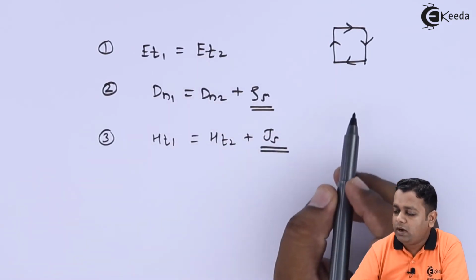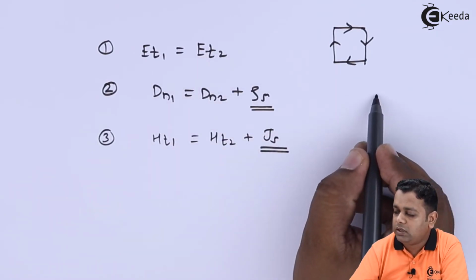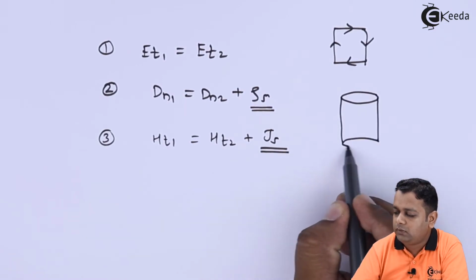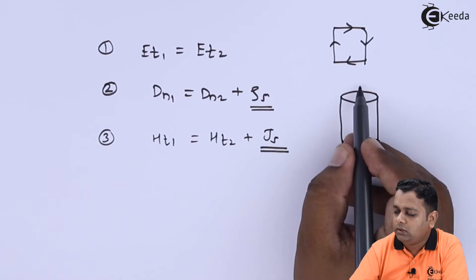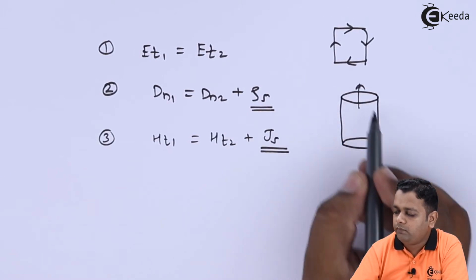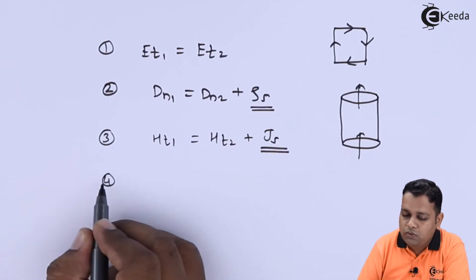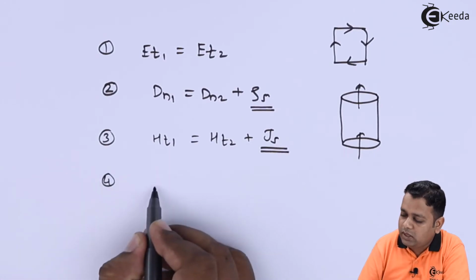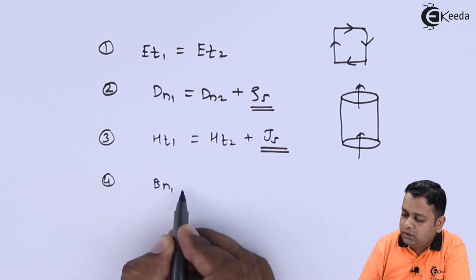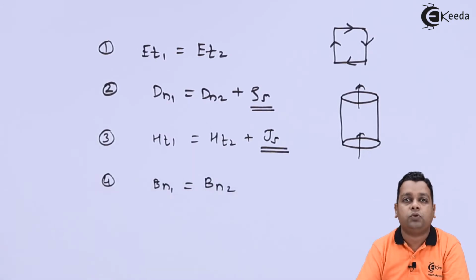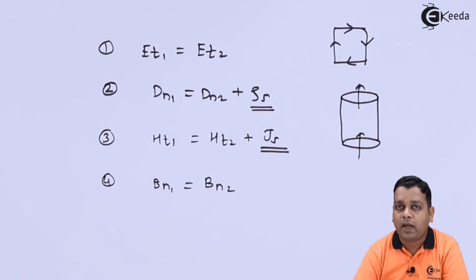Whereas for the normal components we take the help of such a pillbox shape and derive the boundary condition for the normal components. The fourth boundary condition in general can be given as Bn1 is equal to Bn2. So here we say that the normal component of the magnetic flux density is continuous across the boundary.